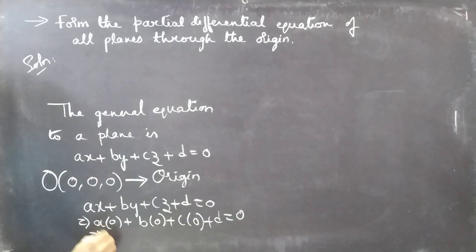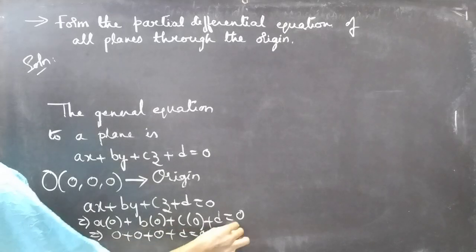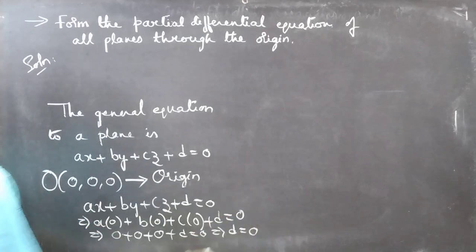Which gives us 0 plus 0 plus 0 plus d equal to 0. From this we can say that d equal to 0, right?